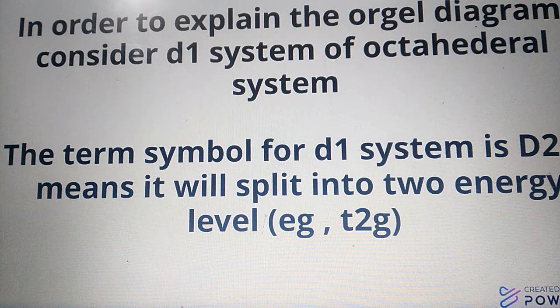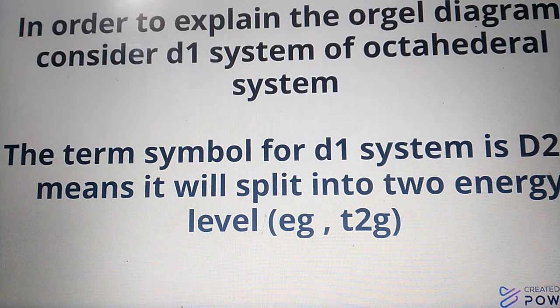The term symbol for the d1 system is 2D. 2D means that it will split into 2 energy levels, Eg and T2g. How does this 2D come for the d1 system? 2 represents spin multiplicity.